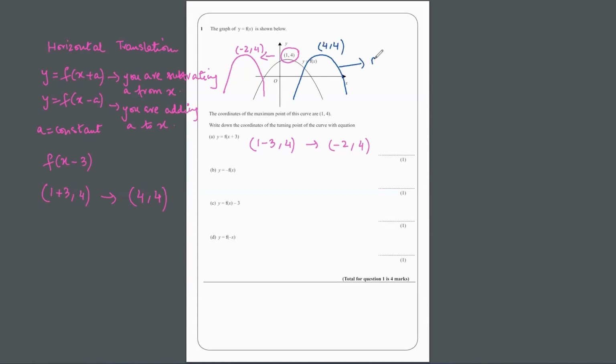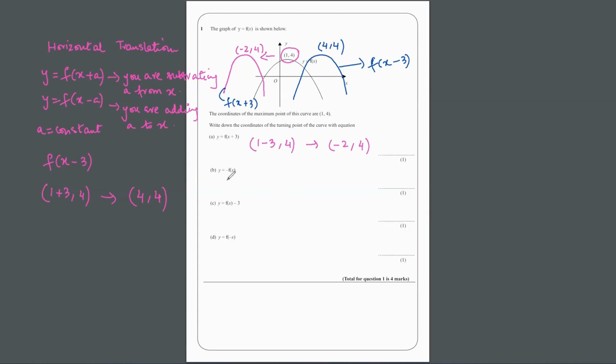This is for f of x minus 3, and this is for f of x plus 3. So once again, if something is being directly subtracted from x, you move that many units towards the right-hand side. And if something is being added to x, you move that many units to the left-hand side.